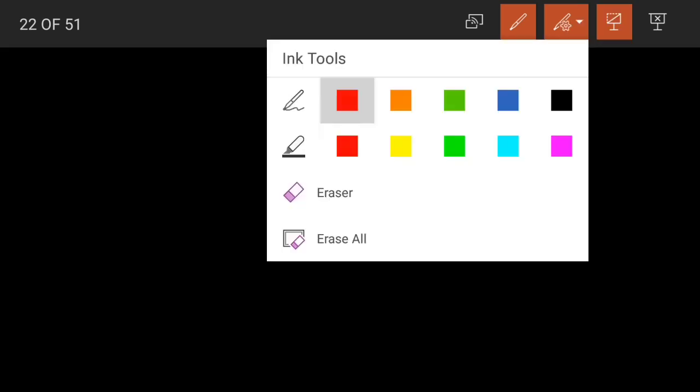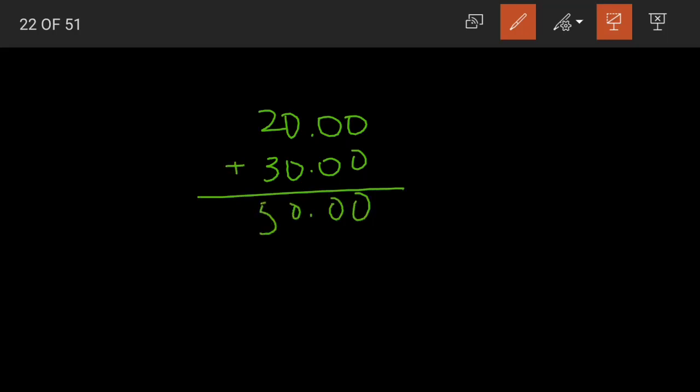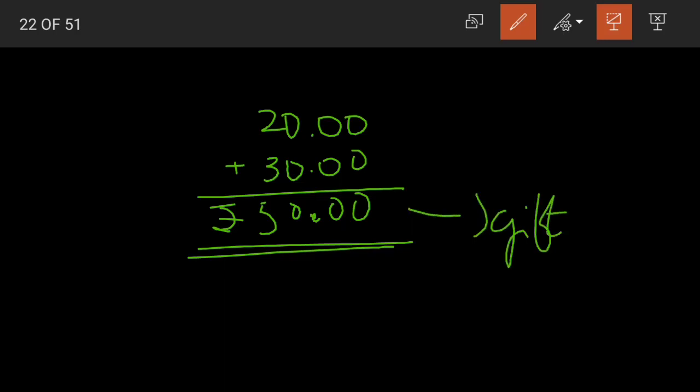If we add them together, children, 20 rupees 0 paise plus 30 rupees, placing a point here, the total cost is 50 rupees. So here the cost of the gift is 50 rupees.